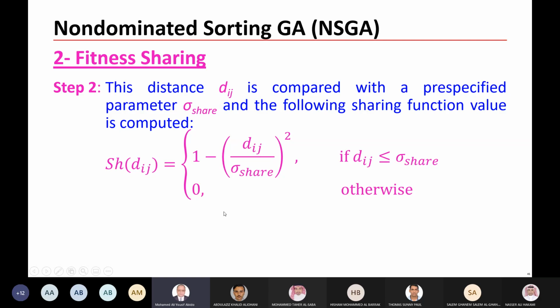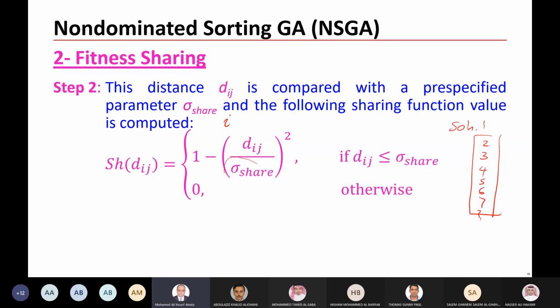And for each solution, assume that, for example, we have a solution I. This is solution 1. You have distances. This is 1, and this is 2. This is solution 2. This is solution 3, 4, 5, 6, 7, and so on.